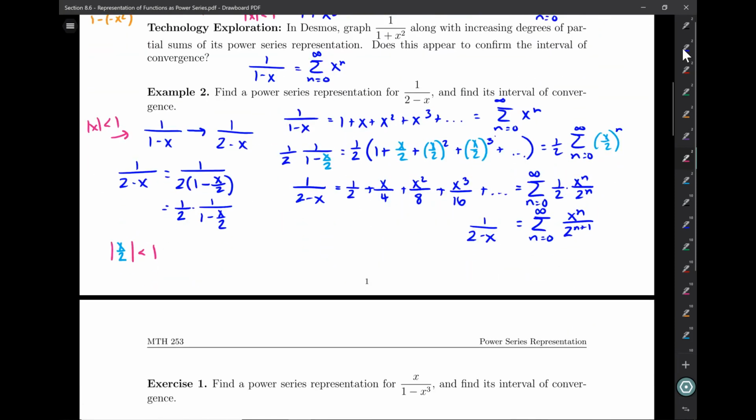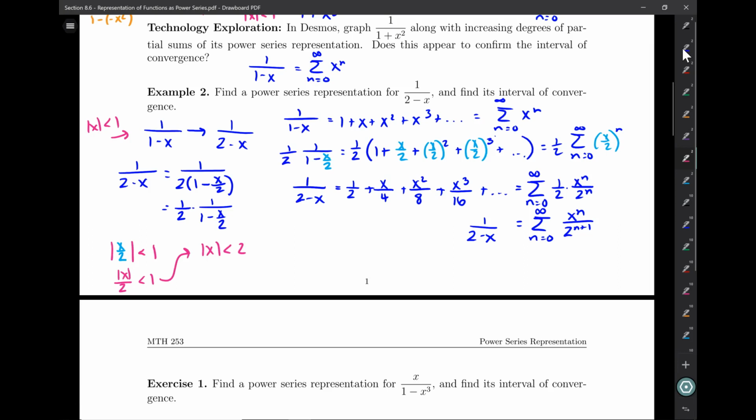So we now have this absolute value inequality to solve, which we should be feeling pretty good with after doing power series and finding all those intervals and radii of convergence. So what we can do is look at the absolute value of x over 2, because the absolute value of 2 would be 2, is less than 1, and so we end up getting the absolute value of x is less than 2.